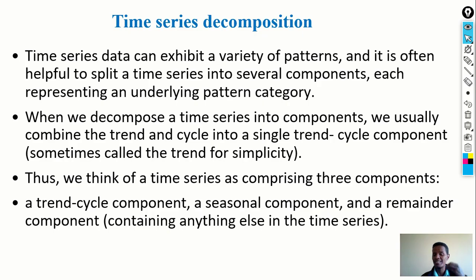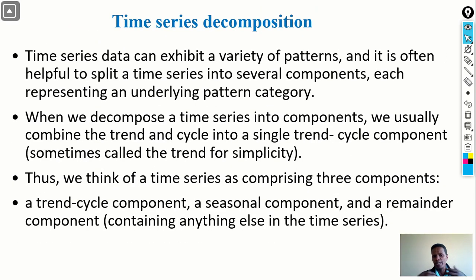The second one is the seasonal component, and the third one is the remainder component. This remainder component contains anything else in the time series other than the trend-cycle component and the seasonal component.